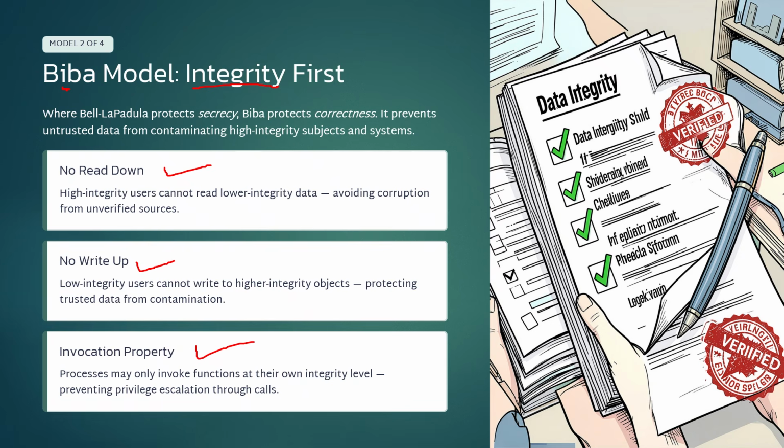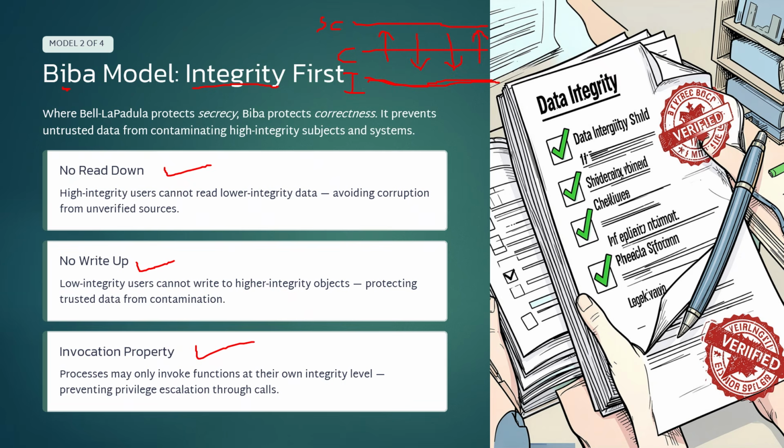So I will summarize Bell-LaPadula and Biba for you. If you face any questions with respect to Bell-LaPadula and Biba, we go with strictly confidential, confidential, and internal. Whenever I face this, I just draw these four arrows: one, two, three, and four.